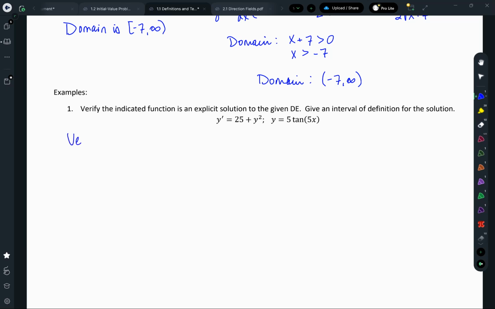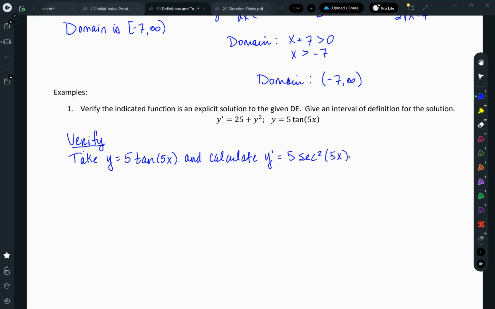And so the verify part, what I do is I take y equals 5 tangent of 5x and calculate y prime. It looks like we've got secant squared is the derivative of tangent. So secant squared of 5x times the derivative of 5x, which is 5. So we get 25 secant squared of 5x.